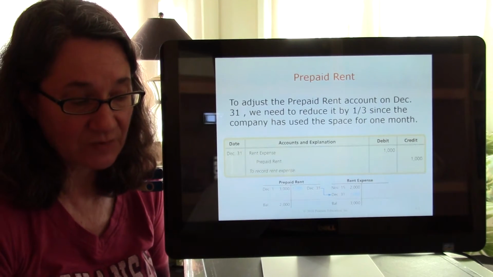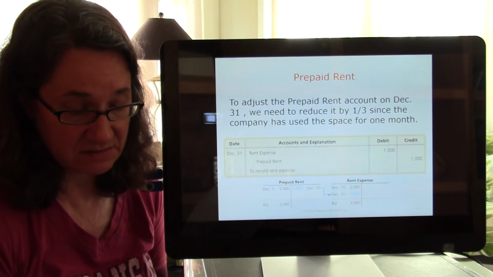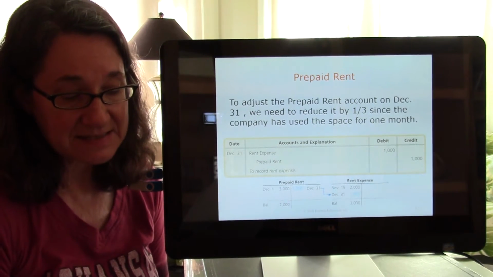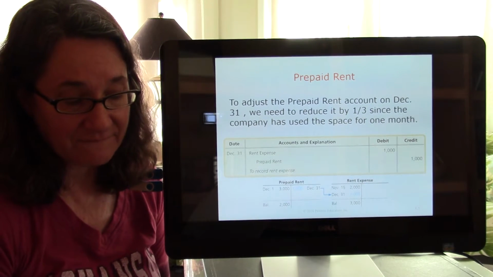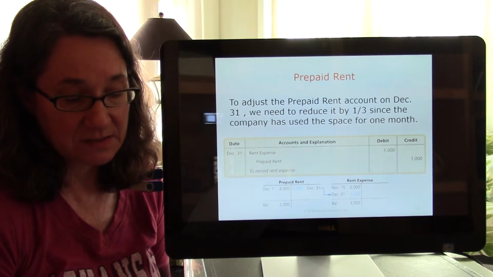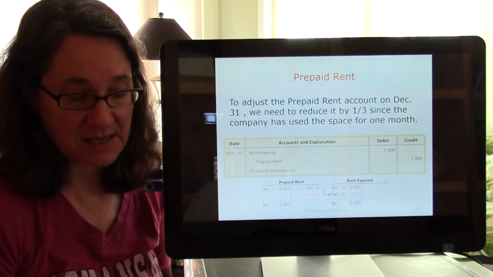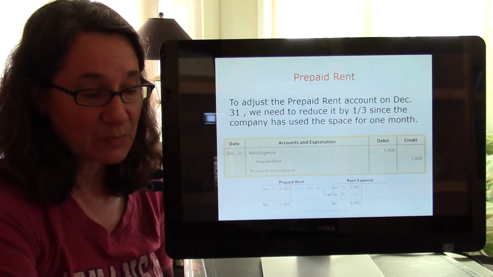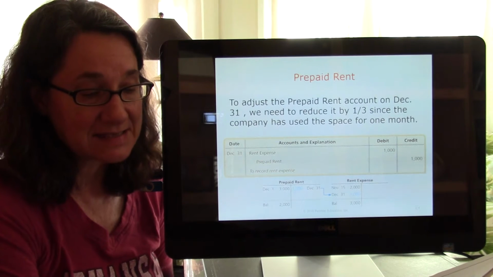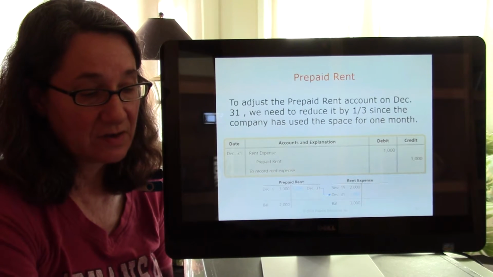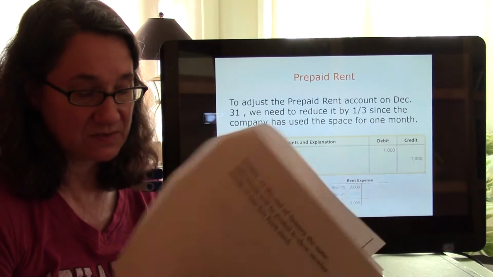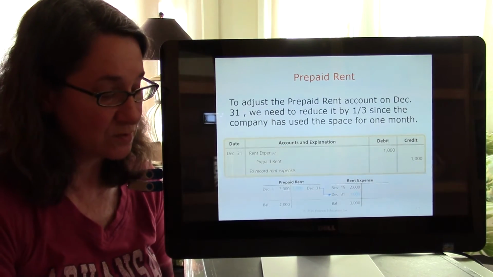The allocation for the 1 month is $1,000, remember, 3,000 divided by 3 months. As assets are used, they are converted into expenses, which is rent expense in this case. At the end of December, the remaining balance in the prepaid rent asset account is $2,000, which is found by taking the original prepayment of $3,000 less 1 month usage of $1,000.